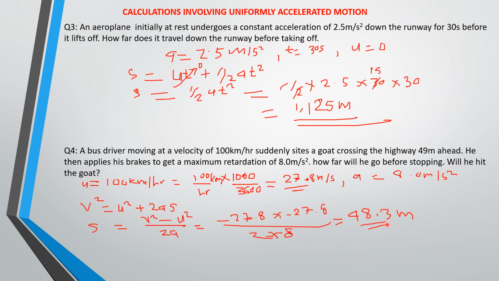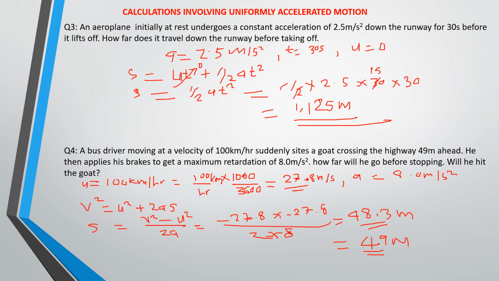If you look at this, the position of the goat is 49 meters. And the car will stop at 48.3 meters. So the distance between the goat and where the car will stop is the difference between these two distances.